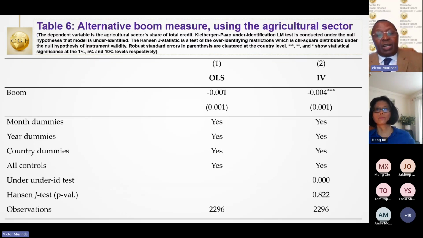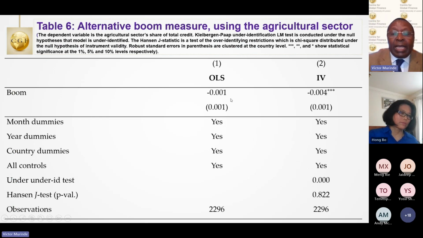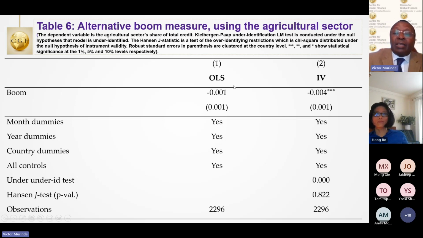We report the results here, where the boom measure explores the agriculture dimension of the tradable sector, and we again find a strong result that supports the resource curse.